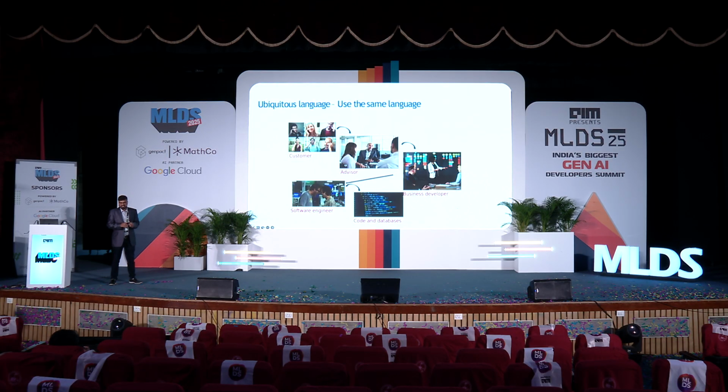The main principle of domain-driven design, as I mentioned, is ubiquitous language. If you see in a business, the customer talks the language, their needs, the grammar, whatever terms they use, exactly the same is transferred to the advisor, and the same is used by the business developer, and then it goes to the software engineers.